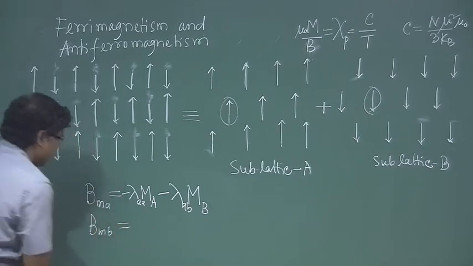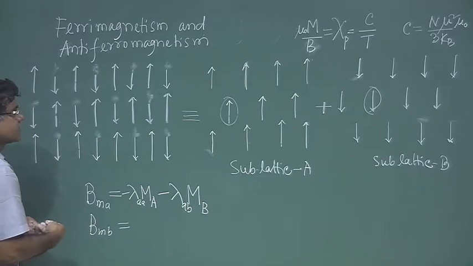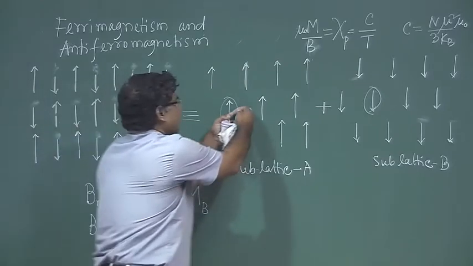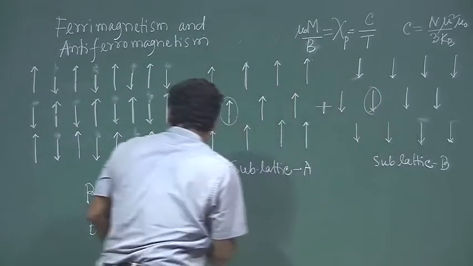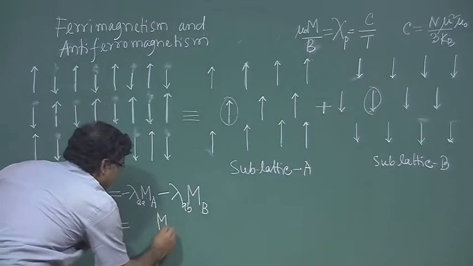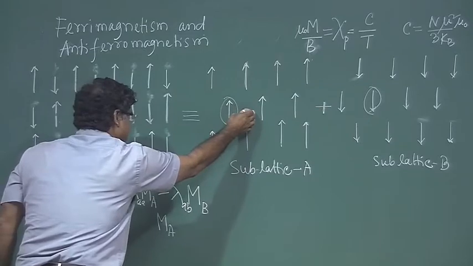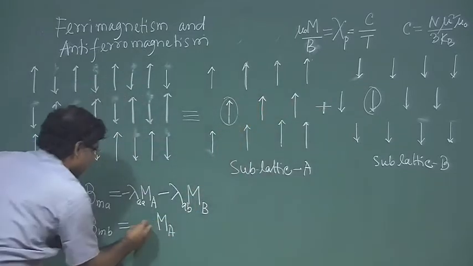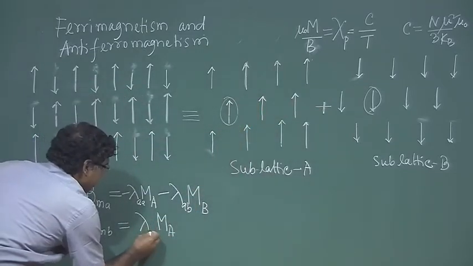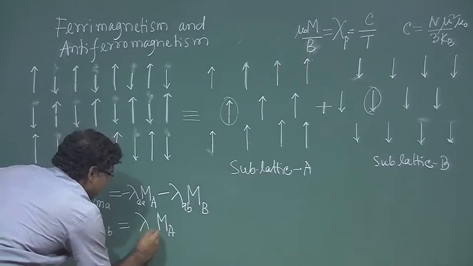So, that will be again it is from A side. So, magnetization is M A, that will be proportional to the magnetization of this A side on B side. So, this is a lambda, it is on B side from A side.